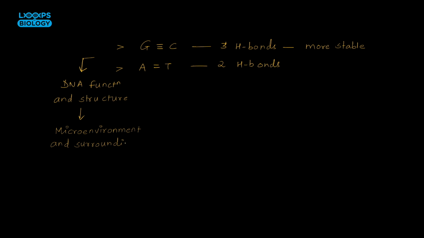That is nothing but the conditions present inside a cell, and surrounding means the conditions present in the actual environment. Depending on microenvironment and surroundings, the structure shows mutation. So the structure and function of DNA is completely based on microenvironment and surrounding.